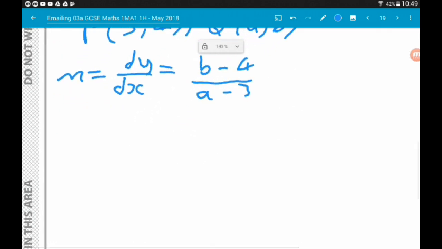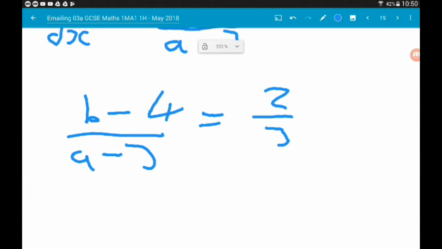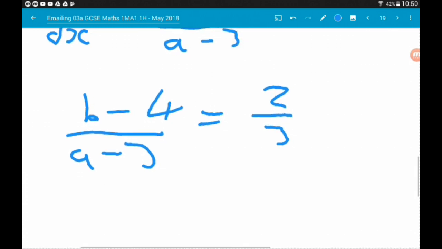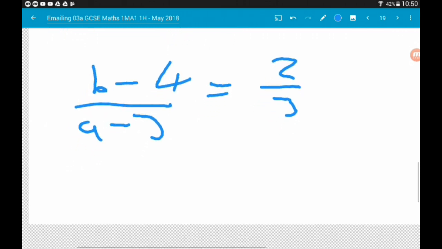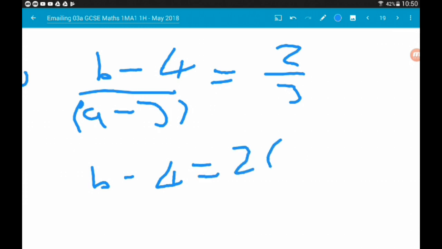So we can say b minus 4 over a minus 3 is equal to 2/3. Now we want to get b on its own. So we can multiply through by a minus 3. That's all one number. So we can get b minus 4 is 2 lots of a minus 3 divided by 3.